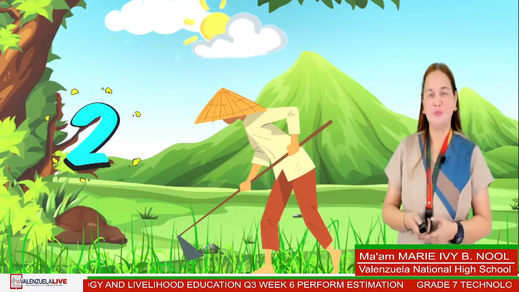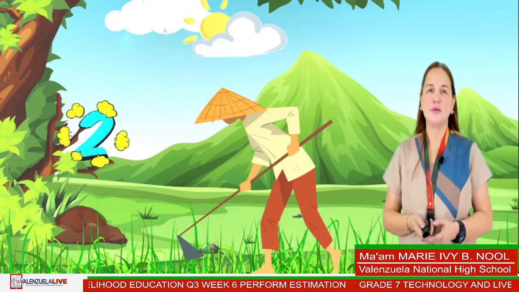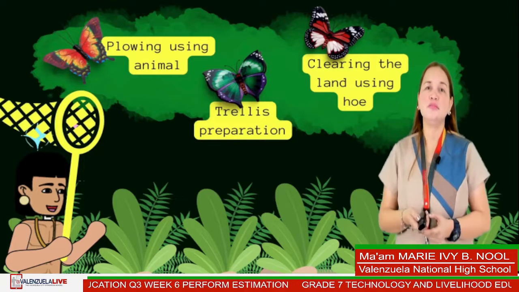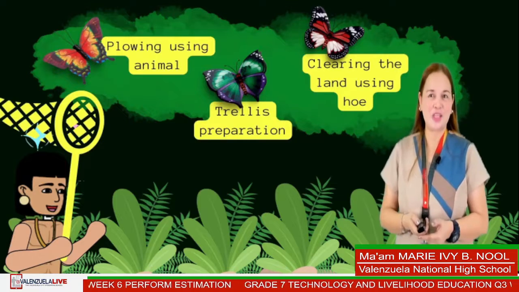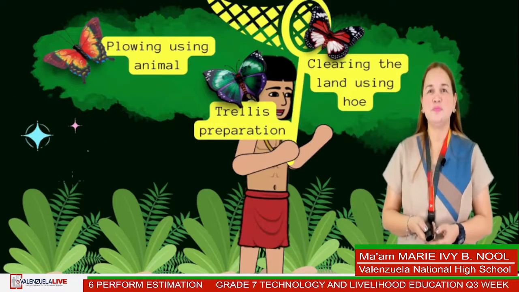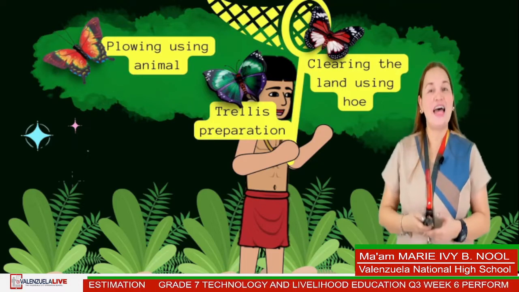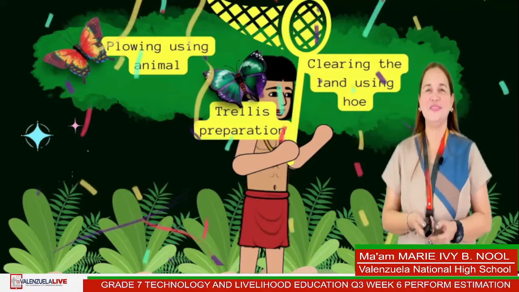Picture number 2. Is it plowing using animal, trellis preparation, or cleaning the land using hoe? The answer is clearing the land using hoe. Bravo!